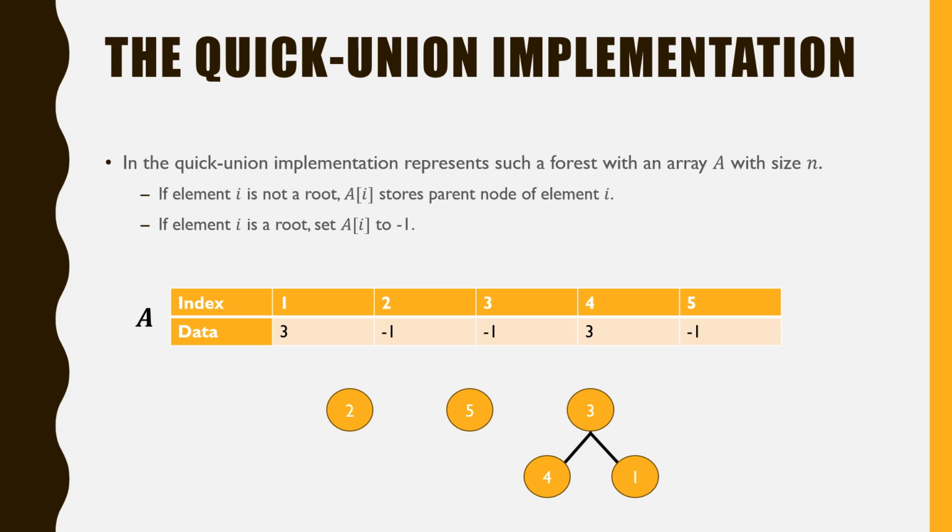The entries A[2], A[3], and A[5] are all -1, indicating that these elements are the root nodes of their respective trees. A[1] and A[4] both equal 3, meaning that elements 1 and 4 are children of element 3.